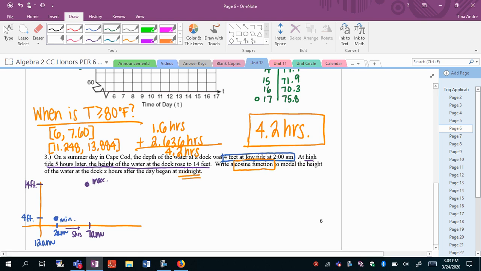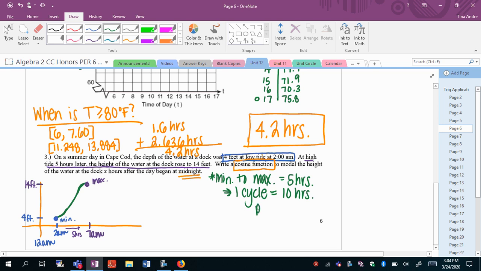So when we connect these, we're missing some in-between stuff. So this is kind of half of our cosine curve. It's half of a cycle is what's happening. To go from the minimum to the maximum, we're at half of a cycle. So that gives us some information right there. So if the min to the max took 5 hours, that means one cycle is going to equal 10 hours because min to max is half of a cycle.